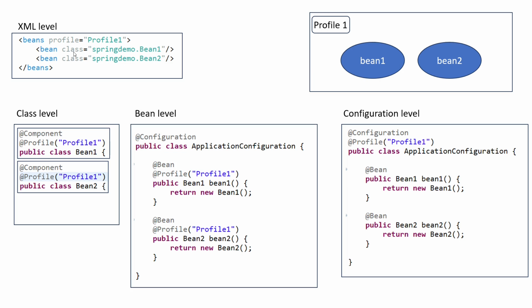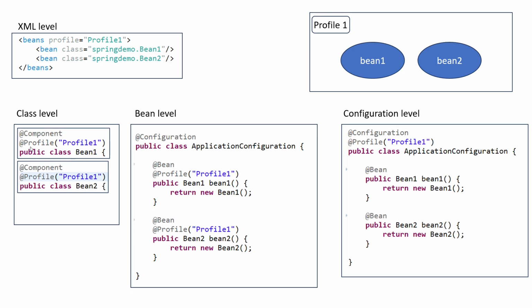So you are getting it right? Whatever beans I define within the beans tag with profile 1, bean 1 and bean 2 will be associated with profile 1. So they are part of profile 1. Okay. If you see at the class level, I have classes called bean 1 and bean 2.